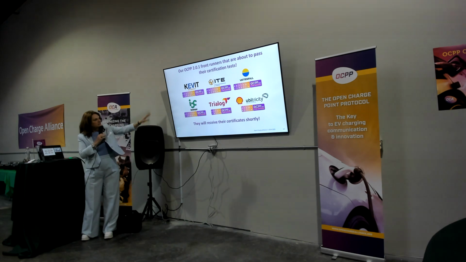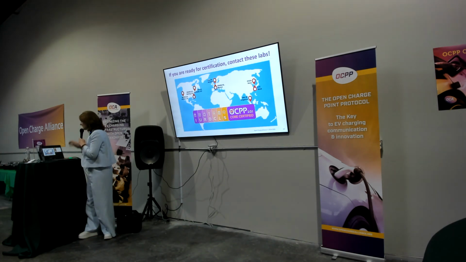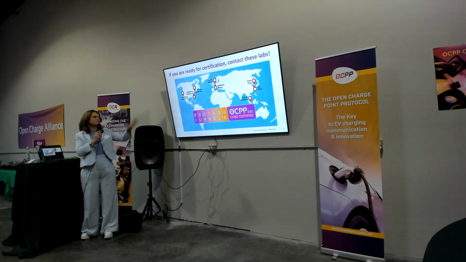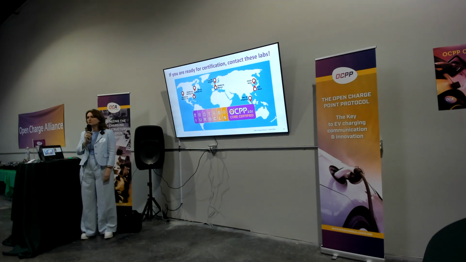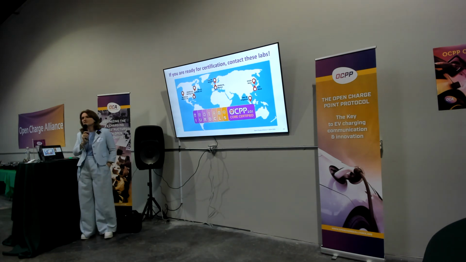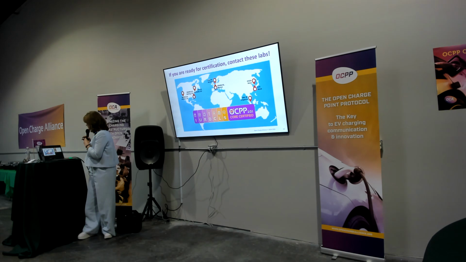And you can see, it's a very colorful picture. Again, with regards to certification, if you're ready for certification, you can contact any of the labs. They all do the same services, whichever you prefer. You can apply for certification for 1.6, 2.0.1, or all the additional profiles.